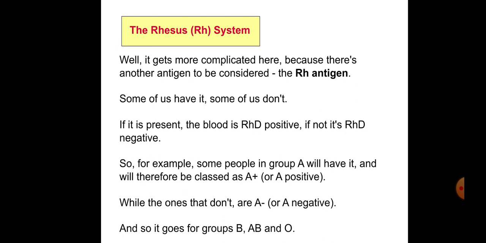A person who has the rhesus factor antigen is called rhesus factor positive, and this rhesus factor is what determines if a person is blood group A positive or A negative. The people who have the rhesus factor are the majority in our populations.